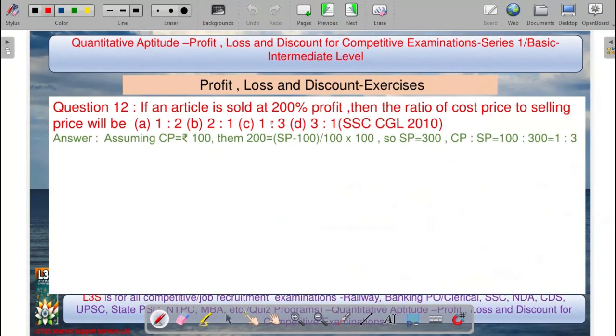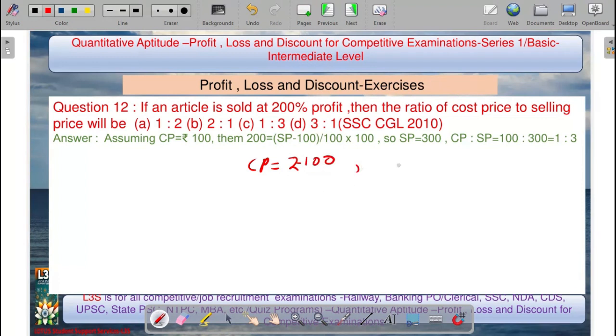If an article is sold at 200% profit, then the ratio of cost price to selling price will be what ratio? First we consider cost price is equal to rupees 100.